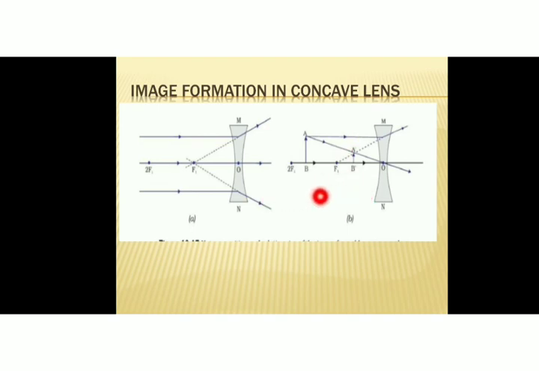From these two ray diagrams, it is very clear a concave lens always produces a virtual, erect and diminished image. It is not possible to obtain a real or inverted image and also an enlarged image using a concave lens. So these are the two cases of image formation in a concave lens.